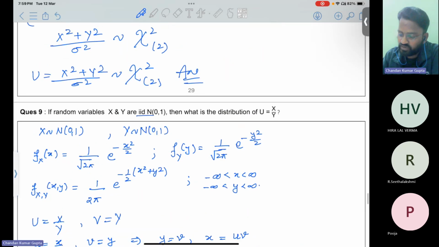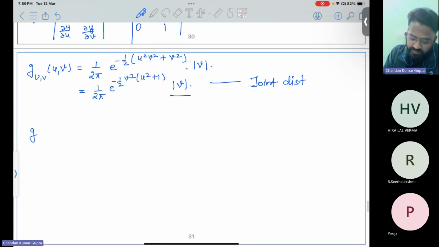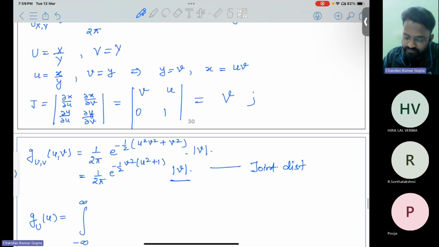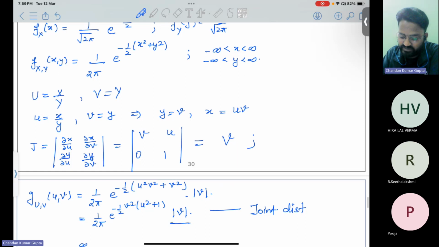Now we need to calculate the marginal of u, x by y. We have considered the range of v, which is minus infinity to infinity. Here u and v have the same range, because y has a range of minus infinity to plus infinity.